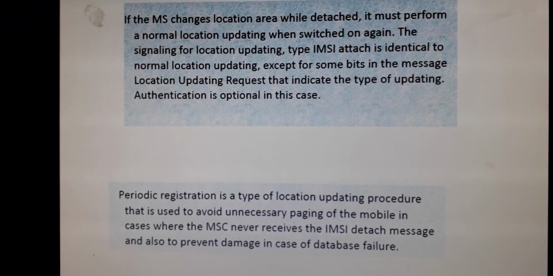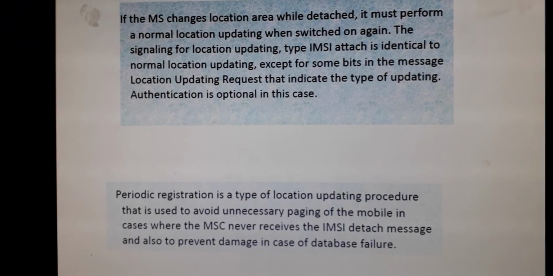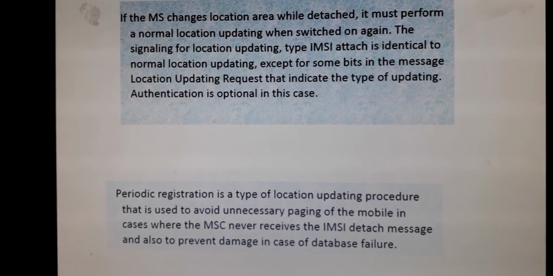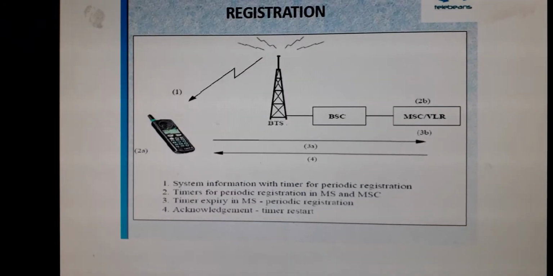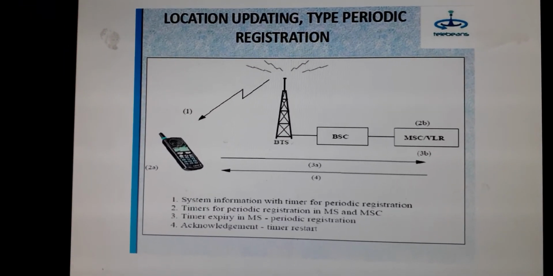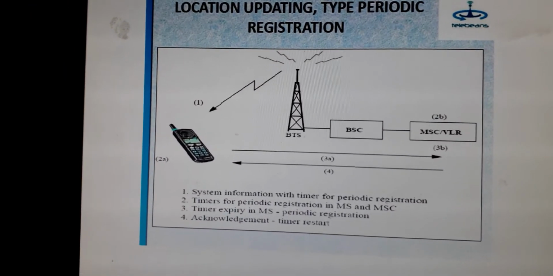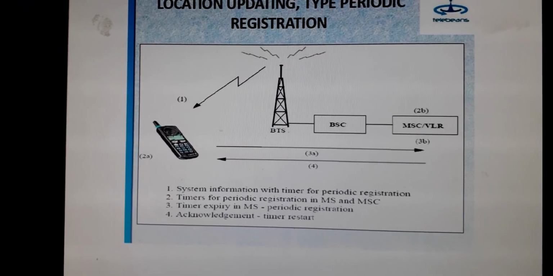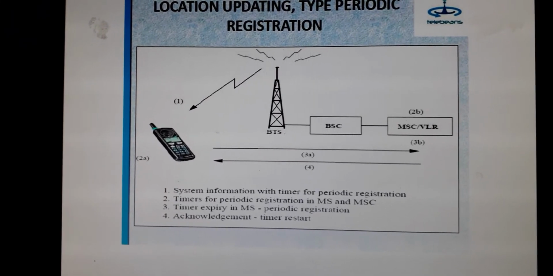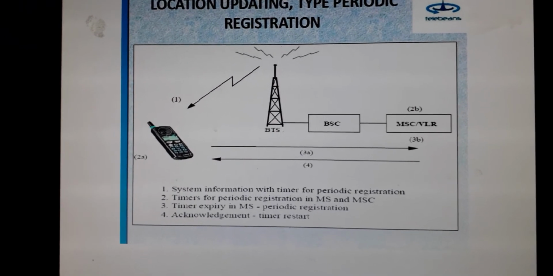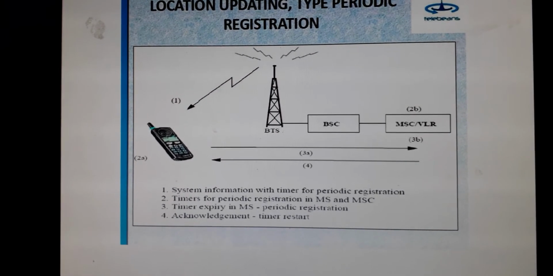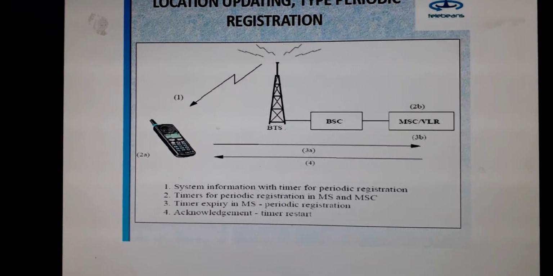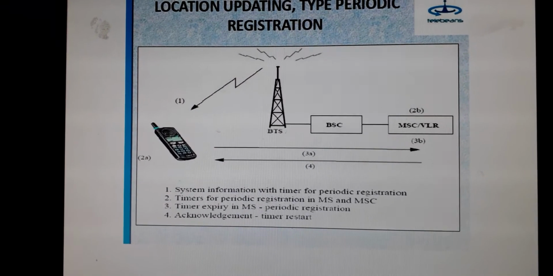Periodic registration is the updating process which is used to avoid unnecessary paging of the mobile in the case of MSC not receiving IMSI detach messages. So this is periodic registration, that is nothing but informing the status of the mobile station to MSC and VLR, started from system information, that is done by a timer for periodic registration of 30 seconds, 60 seconds and 15 seconds.